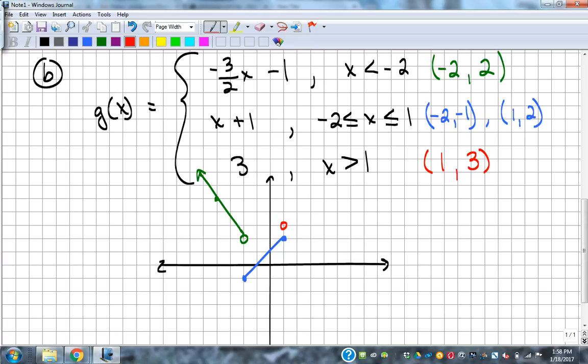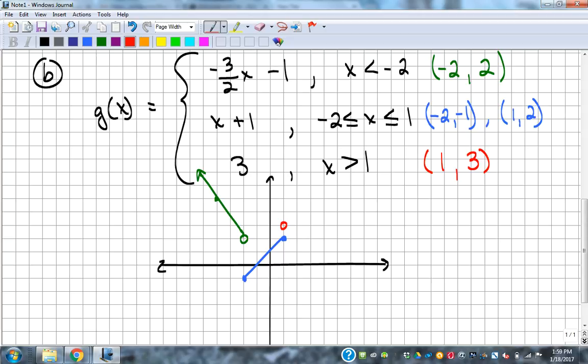Now what's the rest of the graph look like? y equals a number. Straight across, horizontal, and it goes which direction? Back to the left or to the right? To the right, because it's x values that are where? Greater than 1, so it's going to go this direction. So it's a horizontal line.